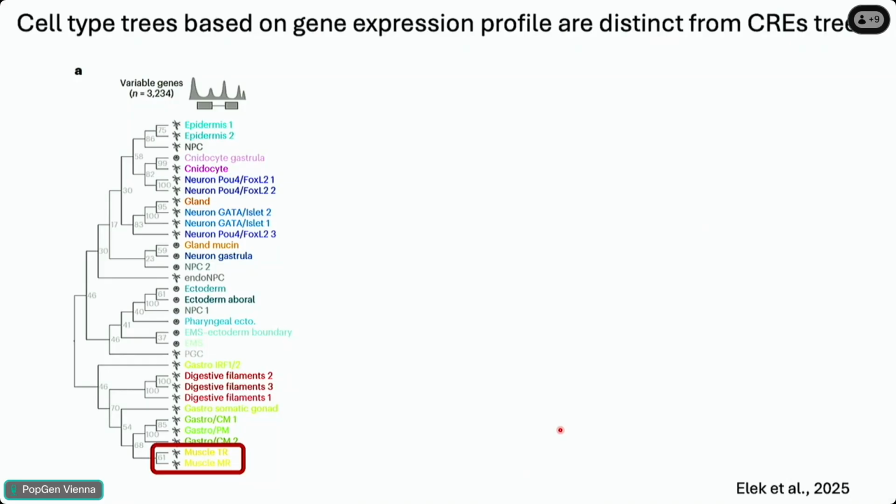And what you do, if you, for instance, take whole gene expression profiles, then you would actually unite the muscle transcription, the tentacle retractor muscle and the mesenteric retractor muscle together, as I mentioned before, because it's driven by the same set of structural protein genes.